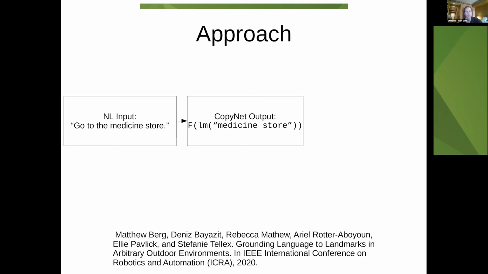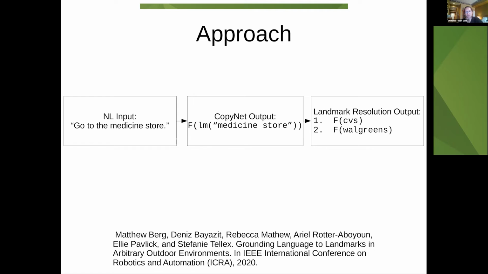And then you can take that and send it to a special module for resolving landmarks. That module in general could be anything, it could be something deep learned. But for this paper, we just used cosine similarity with the OpenStreetMap data.